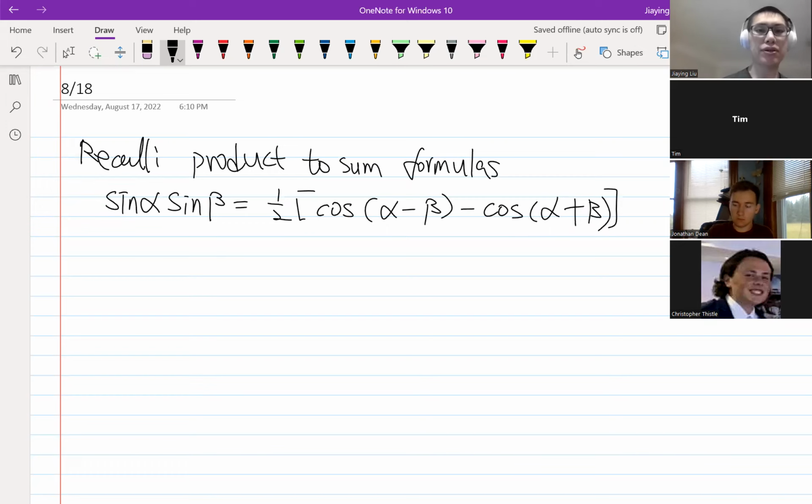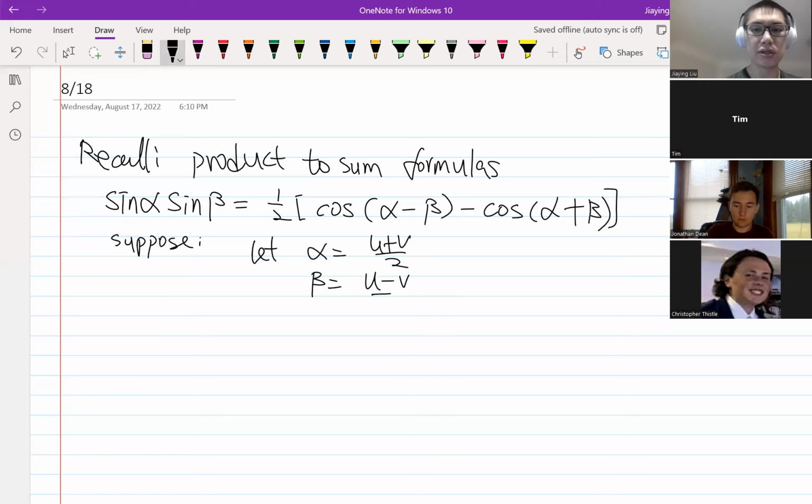Now, in this formula, suppose we manipulate the terms here. So suppose we're going to let alpha equal u plus v over 2, where u and v are two angles, and beta equal u minus v over 2. If we substitute, alpha minus beta is u plus v over 2 minus u minus v over 2.